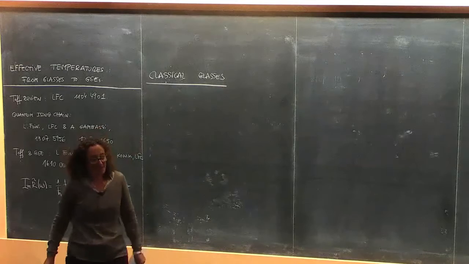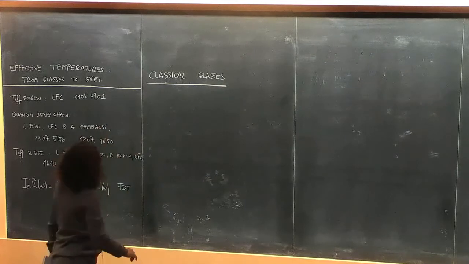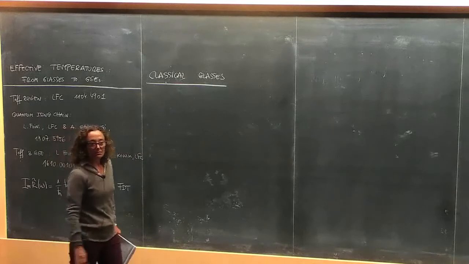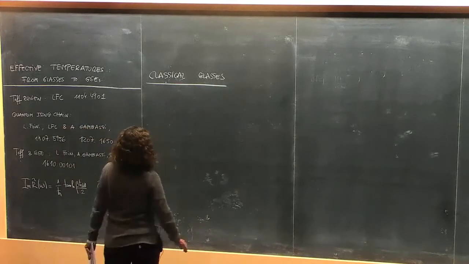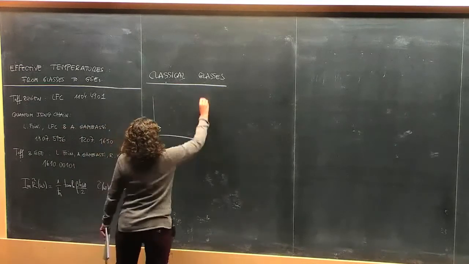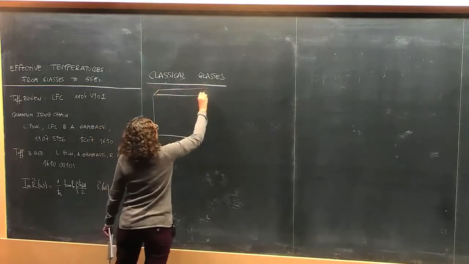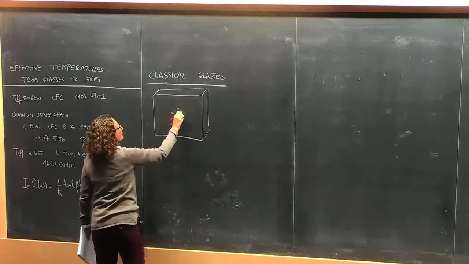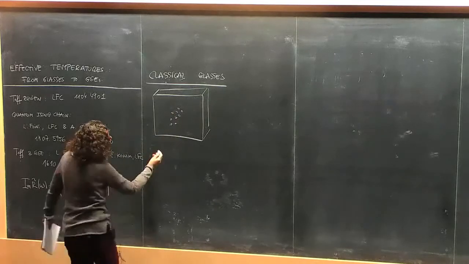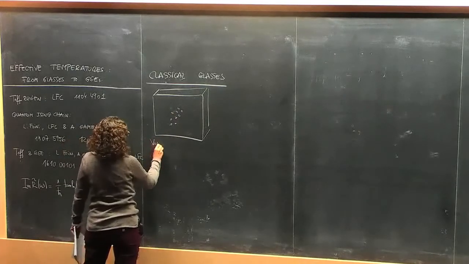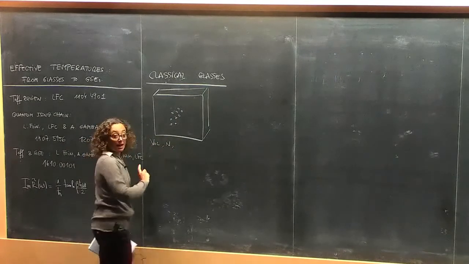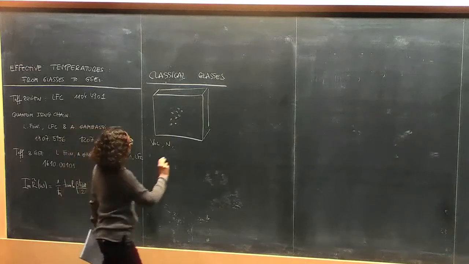So classical glasses are just an ensemble of particles that interact in some way. There's no quantum mechanics for the moment in my problem, so I have a box, let's say, and I have particles in that box. Let's say that the box has volume V and number of particles N, and I couple this system to a bath.